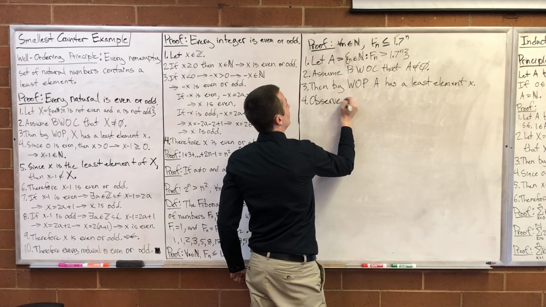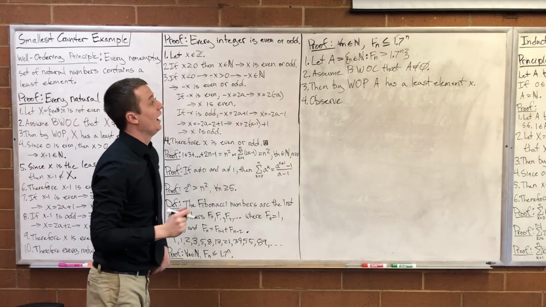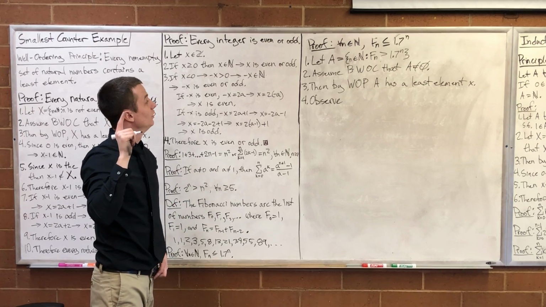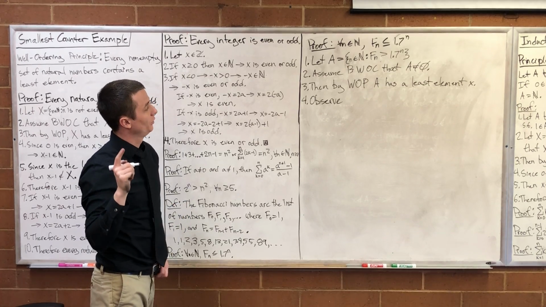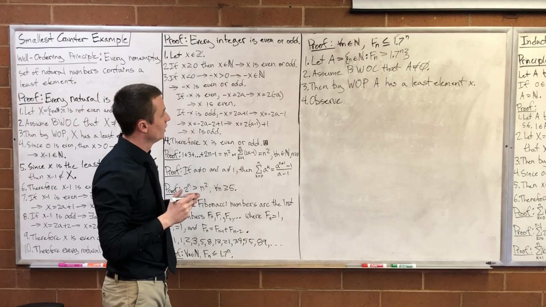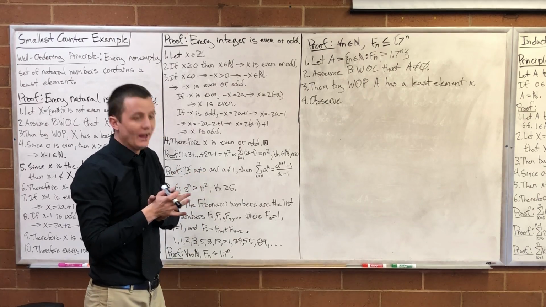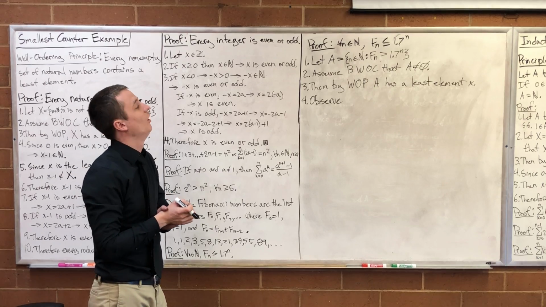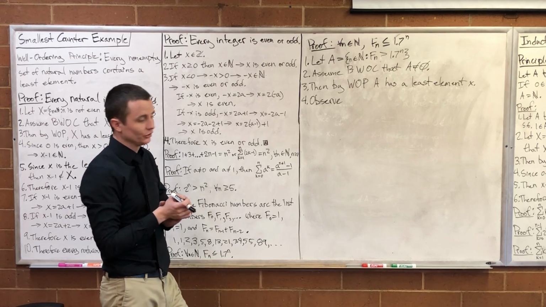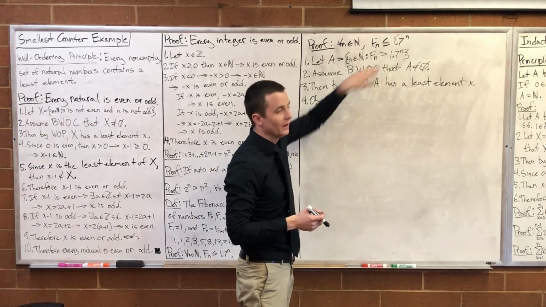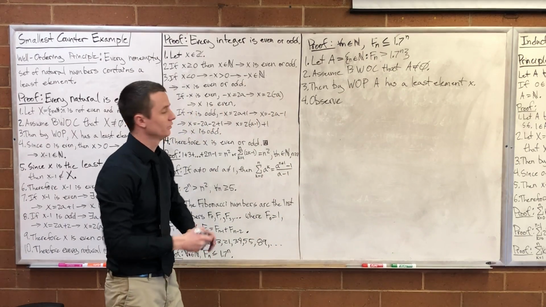Actually, it has to be greater than 1. We need to show that x minus 1 and x minus 2 are both natural numbers, because f of n is going to be the sum of the two previous numbers.